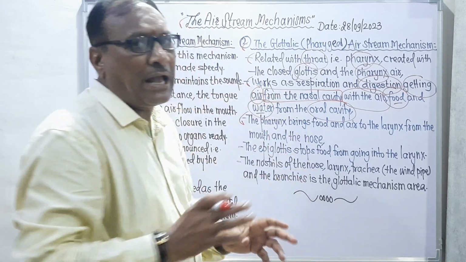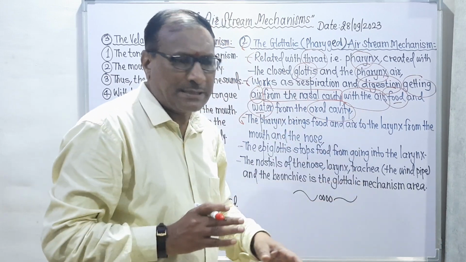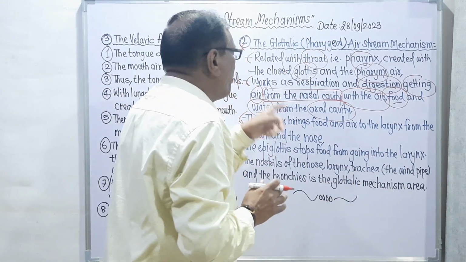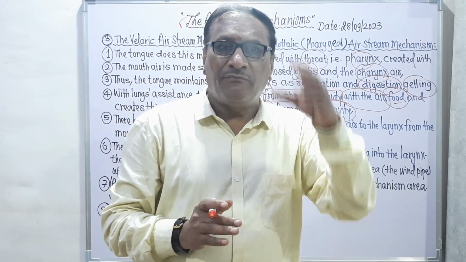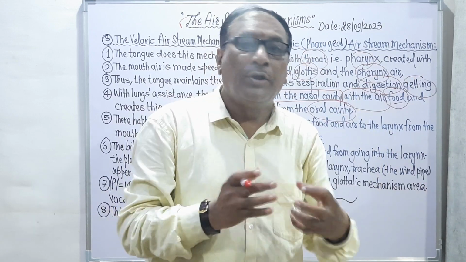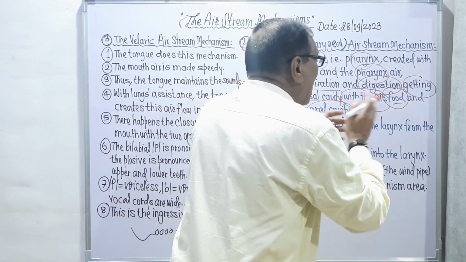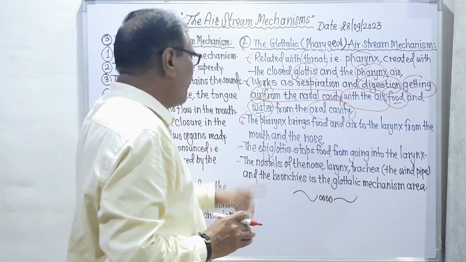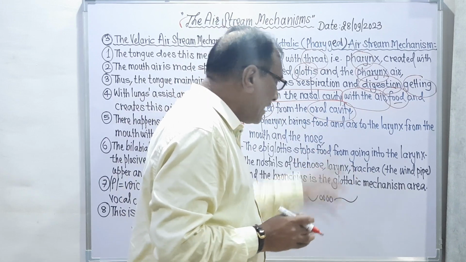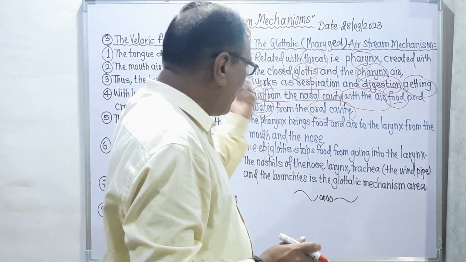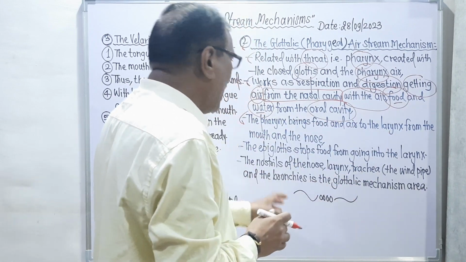So the next thing I am telling you about this glottalic pharyngeal airstream mechanism is that the pharynx brings food. Remember, the function of the pharynx is to bring food. The pharynx brings food and air to the larynx. This pharynx brings the food and the air, and they are sent to the larynx from the mouth and the nose.